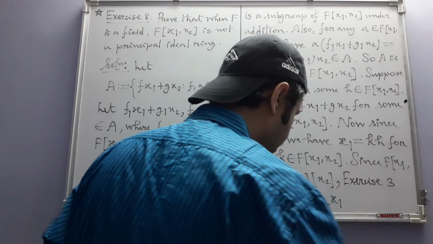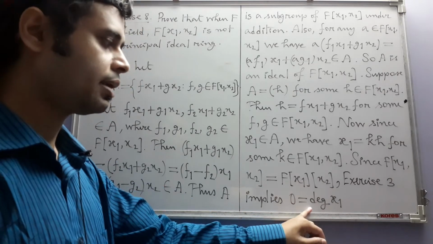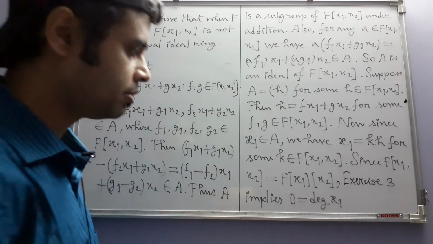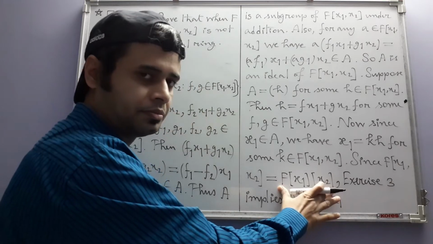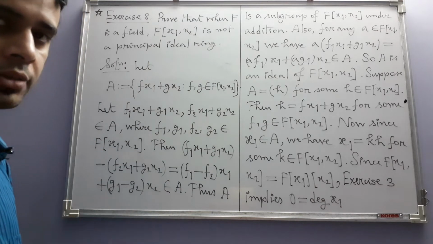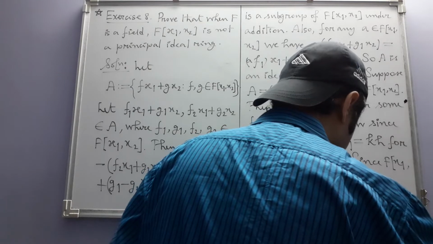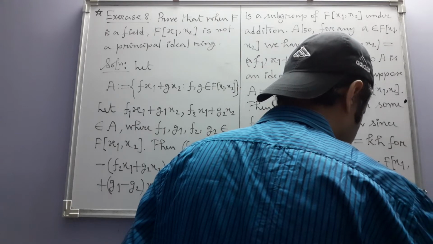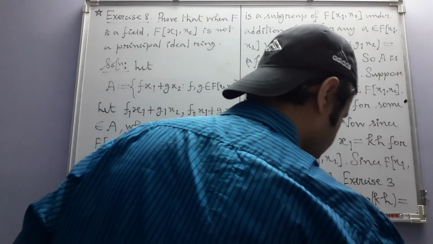You should clearly understand what this equation means. We are calculating the degree of a polynomial in x2, that is, we are calculating the degree of x1 as an element of this ring. Okay, so that's why its degree is 0, because in x2 it's a constant polynomial, and that is equal to degree of kh, which is equal to degree of k plus degree of h.